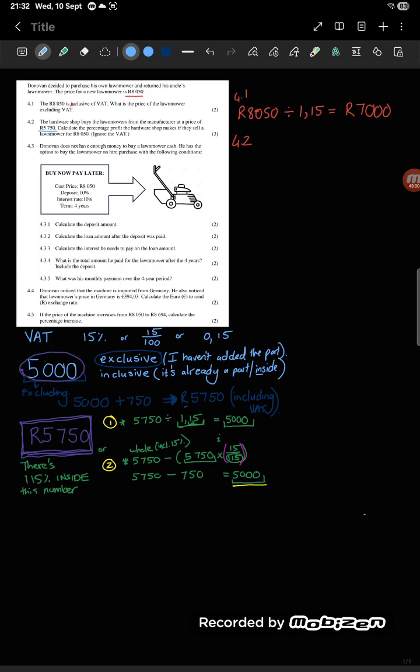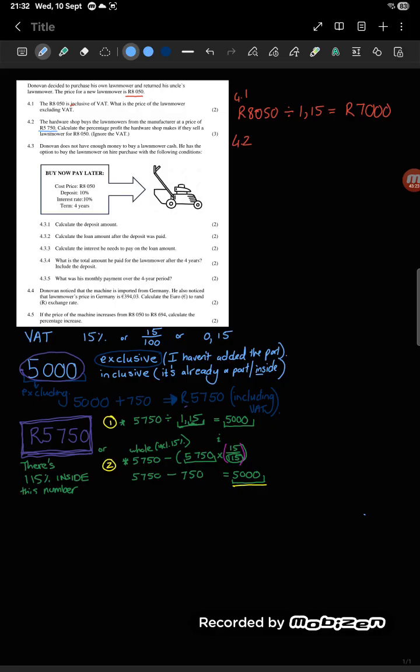Ignore the VAT. Now this is an interesting one, but I don't think we'll do it in your grade at the moment. What we would really like to do is say the hardware shop buys a lawnmower from the manufacturer at a price of that.